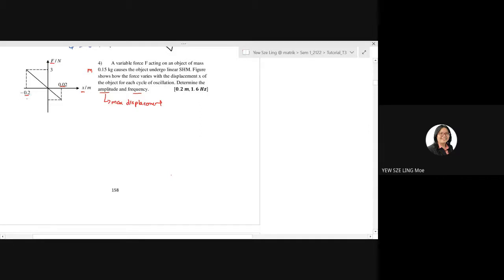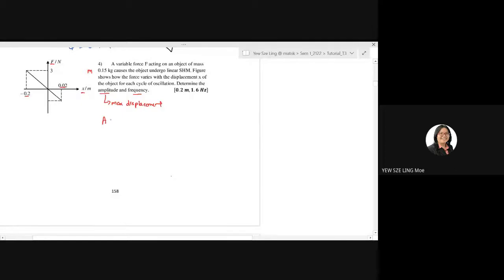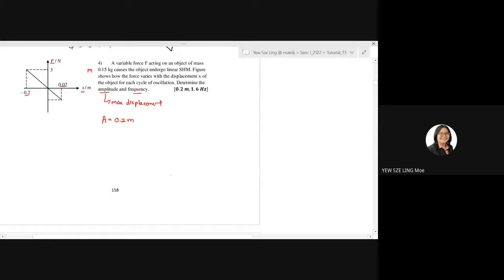Obviously the negative side, so the amplitude A is 0.2 meter. We go for the larger value because amplitude means maximum displacement. So the amplitude is equal to 0.2 meter.